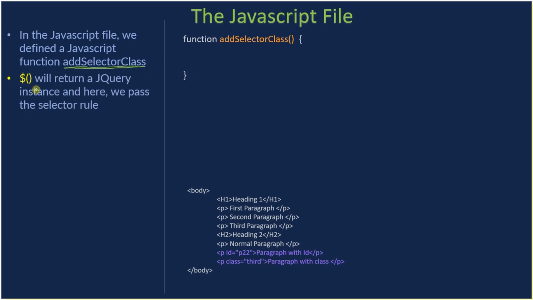So dollar will return a jQuery instance, and here we pass the selector rule to this dollar instance. If you see here, dollar, open and close parenthesis, this dollar will return a jQuery instance, and to that jQuery instance we are passing p.thread. The p here defines the tag name, the paragraph tag.